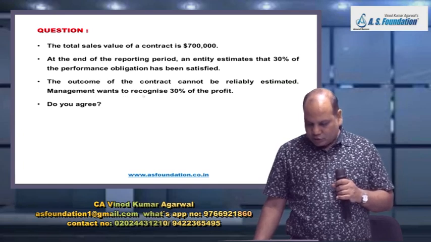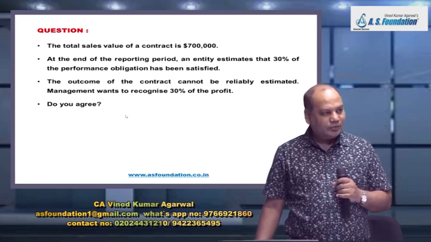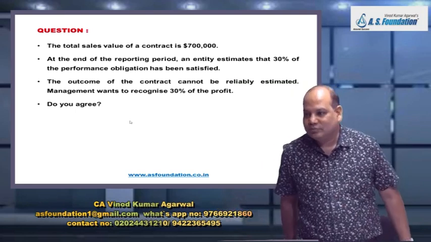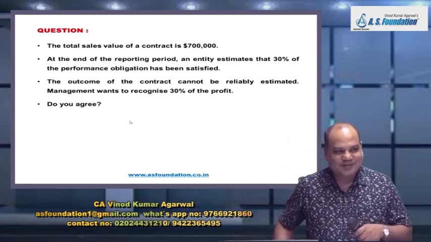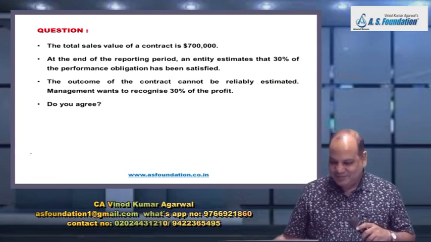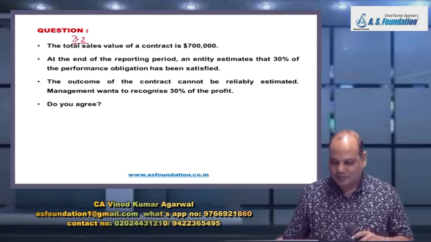Management wants to recognize 30% of the profit. Do you agree? Is it there? Towards the end also? 30. I know you people are smart. First you will search the question. Okay, question 32 towards the end.